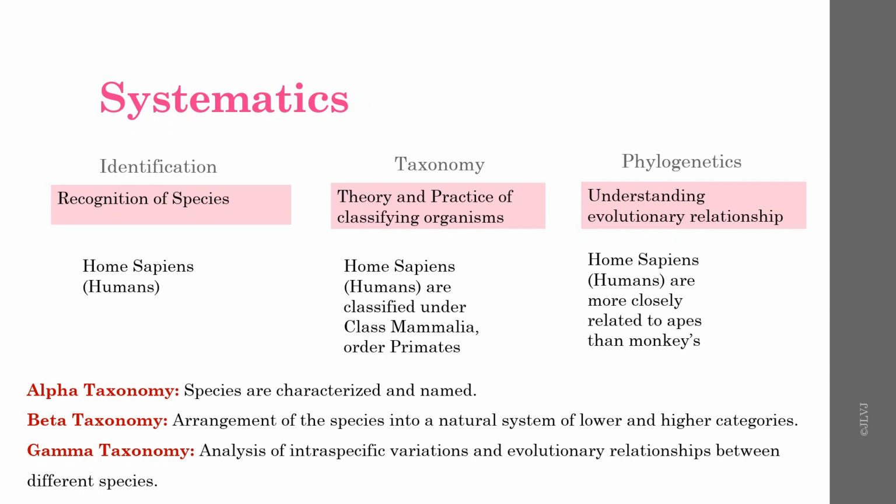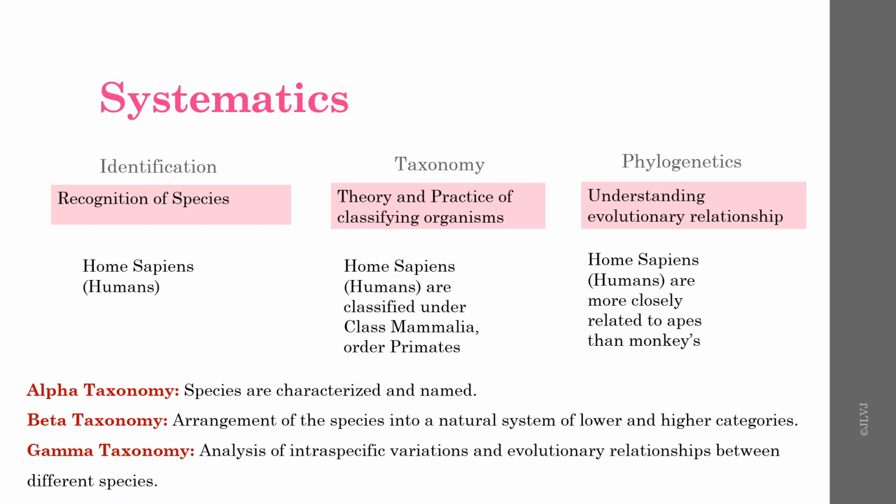That is, we have to understand the relationship between organisms. For example, this is a Homo sapiens, and they are more closely related to apes than monkeys, and definitely in comparison to fishes, there is a very, very distinct difference.